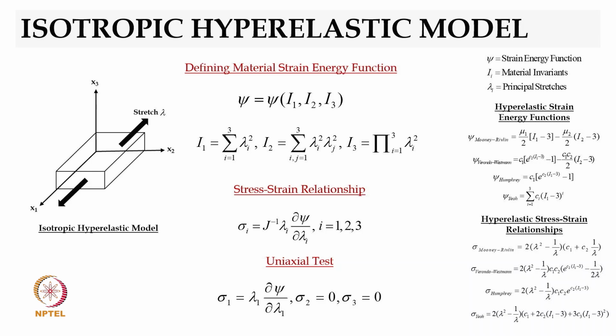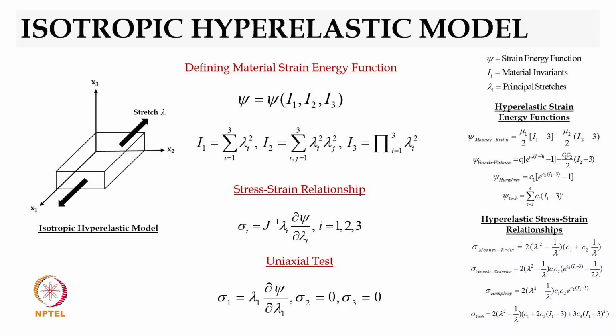Sigma 3 is Jacobian inverse lambda 3 dou psi by dou lambda 3, given by I from 1 to 3 separately. But in a uniaxial test, sigma 2 and sigma 3 go to 0. That is the condition. So you are just left with sigma 1, which is equal to lambda 1 dou psi by dou lambda 1.